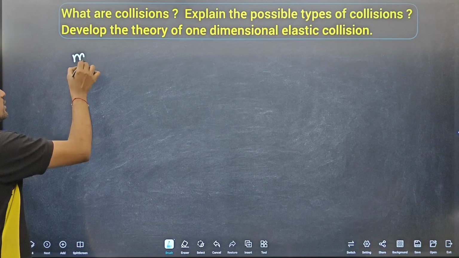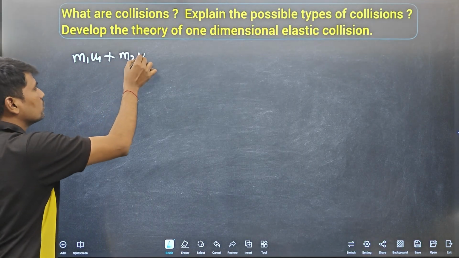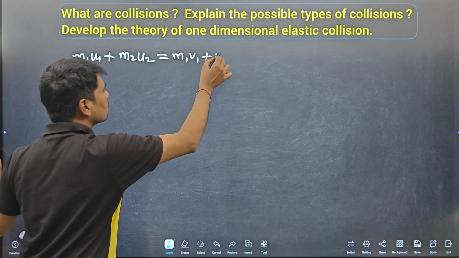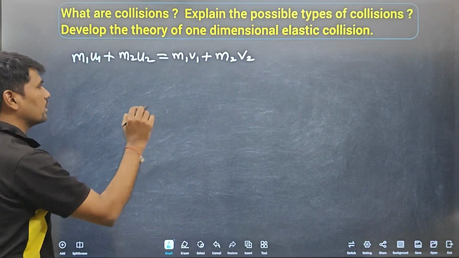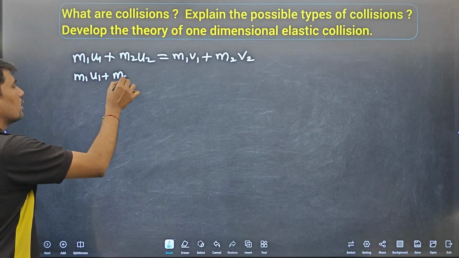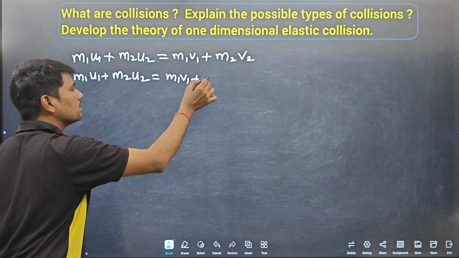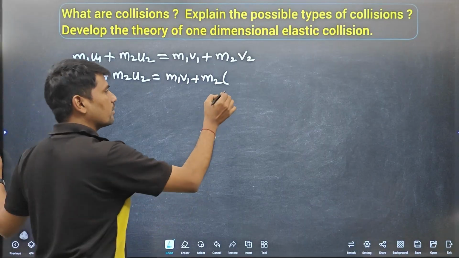First, here there is the equation m1 u1 plus m2 u2 is equal to m1 v1 plus m2 v2. The v2 value we have to substitute here: m1 u1 plus m2 u2 is equal to m1 v1 plus m2, and instead of v2, we have to substitute that value.